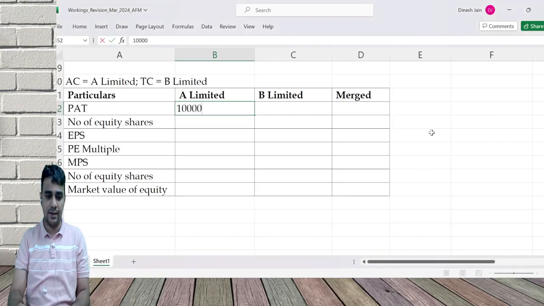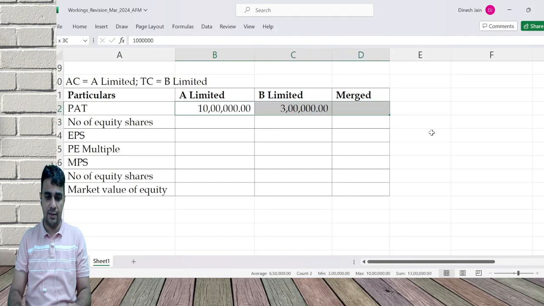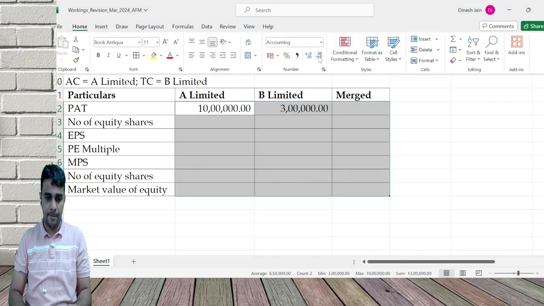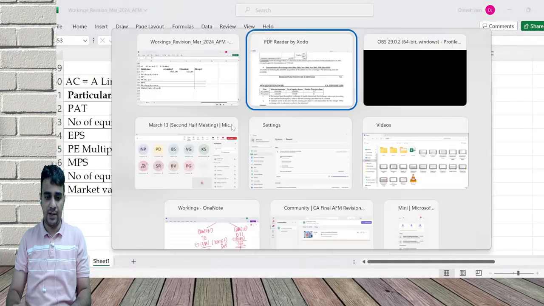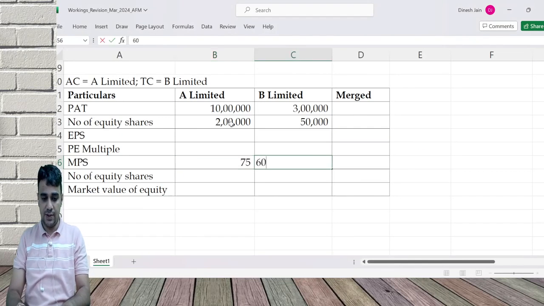PAT is 10 lakh, 3 lakh. Then the next data I have is number of shares, 2 lakh and 50,000, and market price is given, which is 75 and 60.